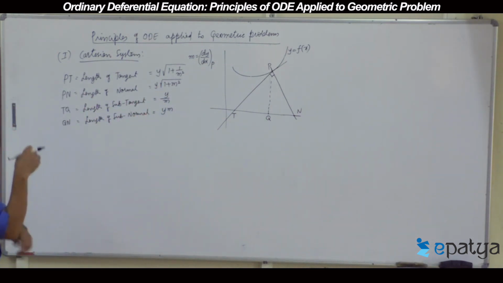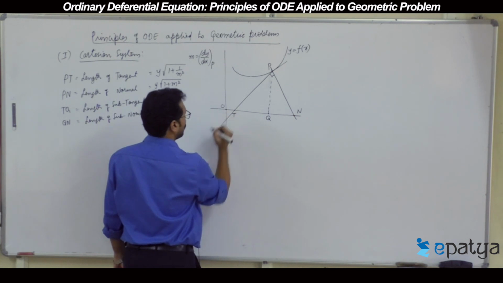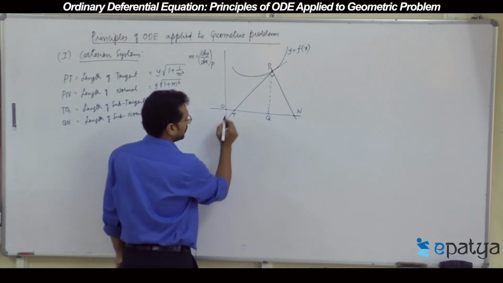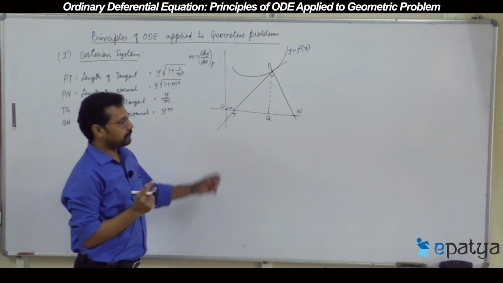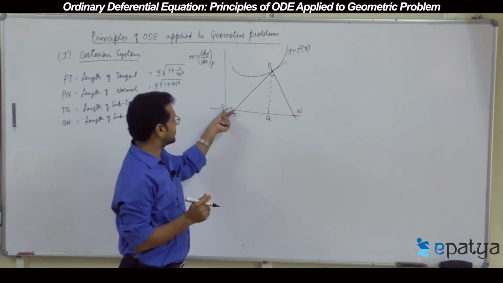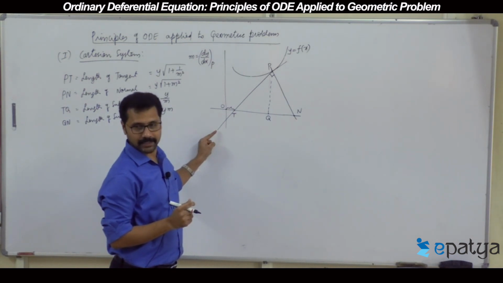Along with these four expressions, we have some more important expressions. For example, if I take this as O, the origin, this OT is nothing but the x-intercept of the tangent. X-intercept means wherever the line crosses the x-axis, that point's distance from the origin is the x-intercept. Similarly, suppose this is M, then OM would be the y-intercept of the tangent.